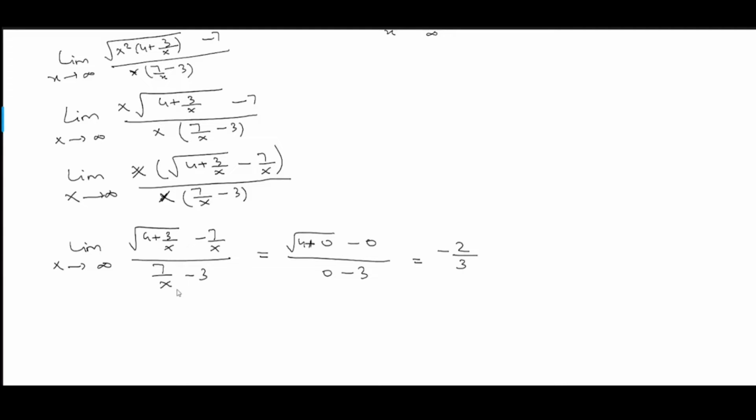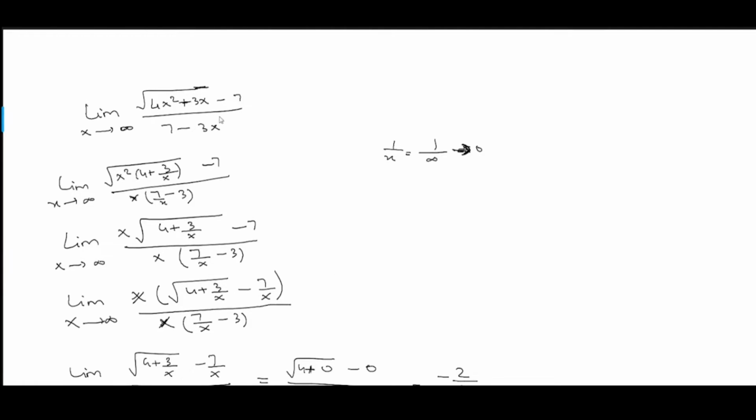There's always another method. Since we had infinity by infinity form right here, we could use L'Hopital's rule. L'Hopital's rule is another pretty neat method which you can always use, for infinity by infinity, 0 by 0.